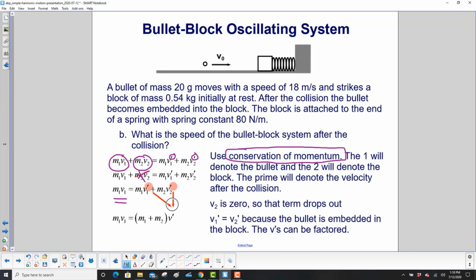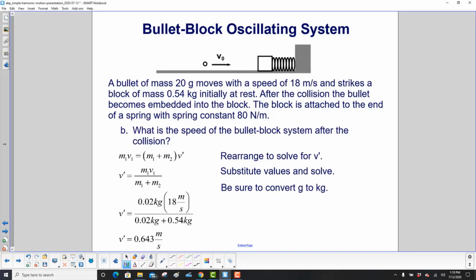But what do we know about v1 prime and v2 prime? The bullet is embedded in the block, so they're the same. So we can get rid of the subscript and just call it v prime. So we now have m1 times v prime plus m2 times v prime. Factor out the v prime, and we have m1 v1 is m1 plus m2 times v prime.